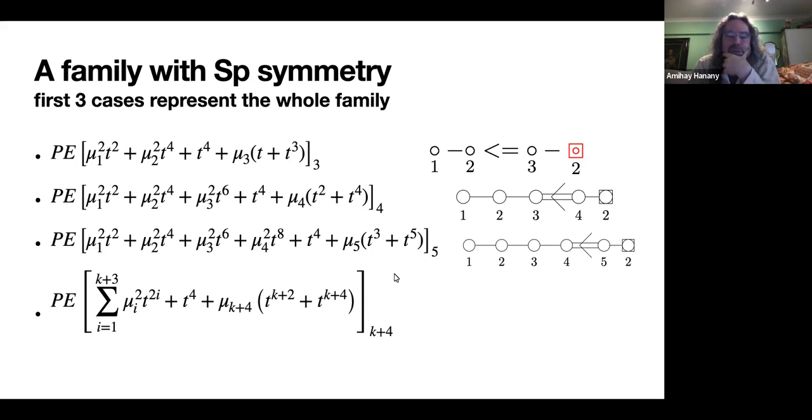Imbalance of 1, t cubed. And so K here is the imbalance. The label K is just the imbalance of the family. And here's the general formula for this family. Any questions?